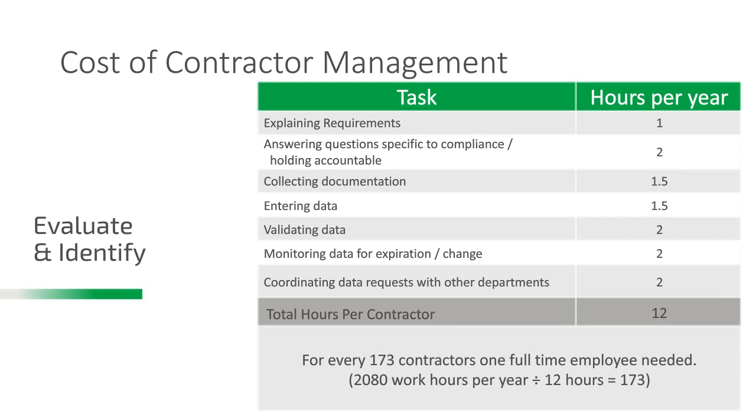So roughly we found that it's 12 hours a year per contractor, which, if you work on a 2,080 work hour year, would equate to about one full-time staff member responsible for pre-qualifying, monitoring, and keeping track of the various elements of contractor management.